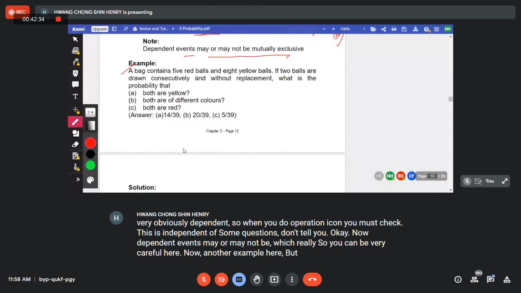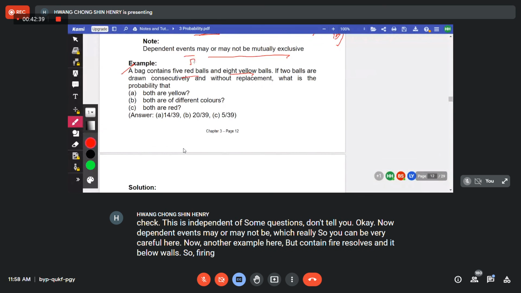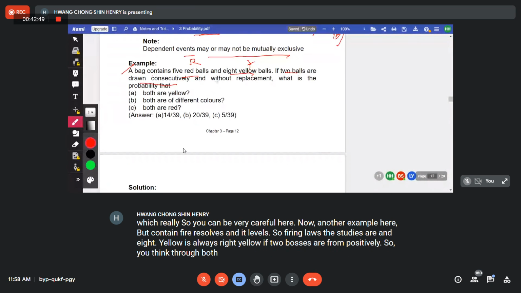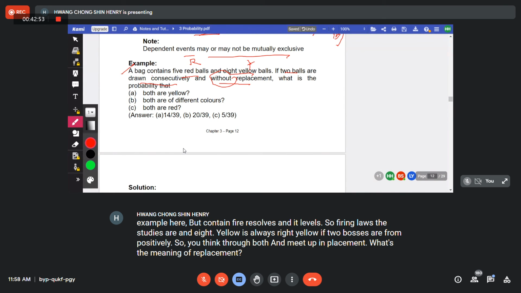A bag contains 5 red balls and 8 yellow balls. So 5 red balls, let's call this R, and 8 yellow, let's call this Y. If 2 balls are drawn consecutively, so you take 2 balls out, and without replacement. What's the meaning of without replacement? Can you tell me?